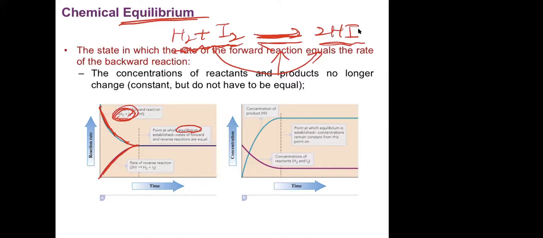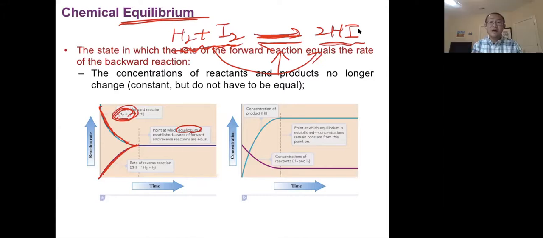Yes. Okay, again, initially I only have H2 and I2. The forward reaction is fastest because that's all we have. But when they start to produce something on the right, they are going to drop. When they drop, the forward reaction drops. So the reaction rate of the forward reaction drops.